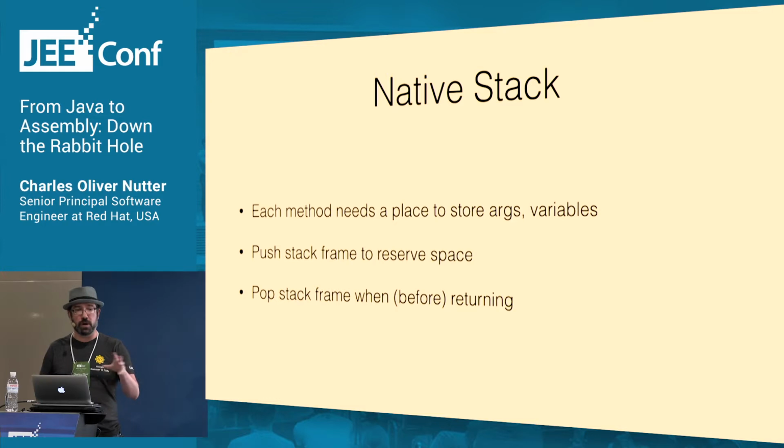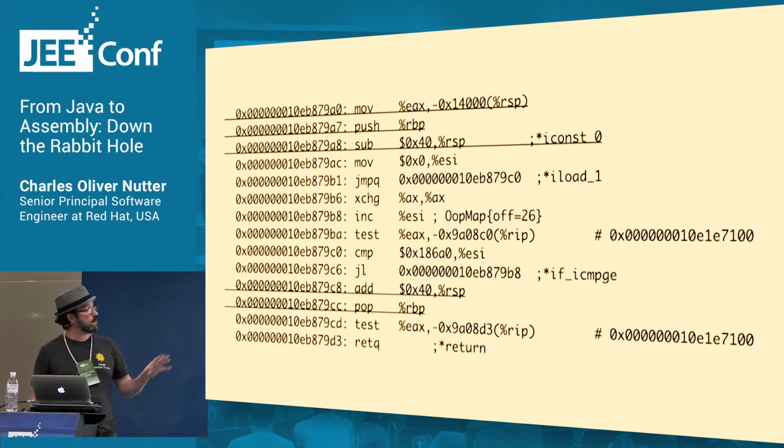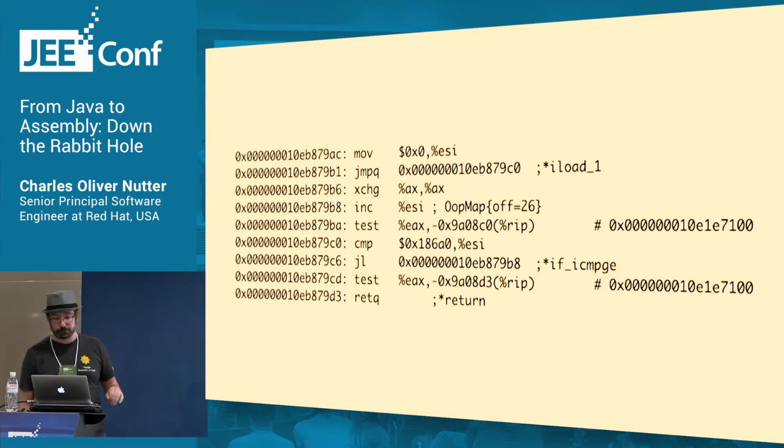We work with those while the method runs, and then eventually we pop that stack frame off and return to the original method that called us. And so for our purposes, this is just preamble, postamble code that is in every method that's passed down to the native assembly or native processor, and so we can ignore this for now.